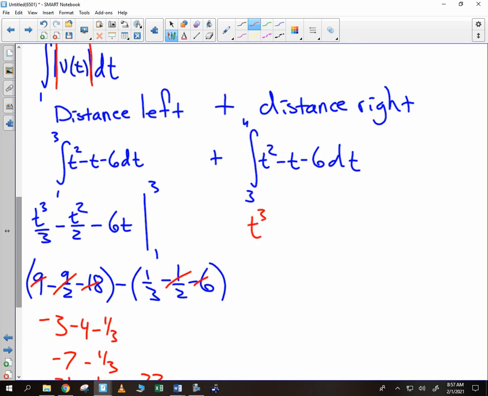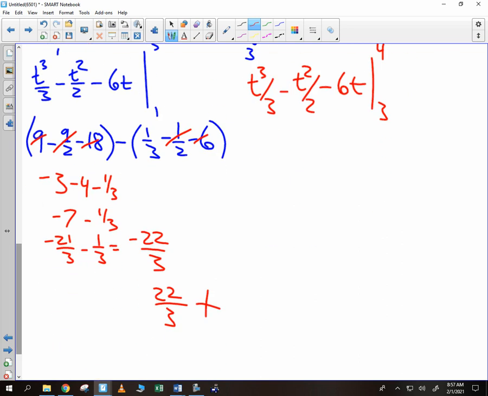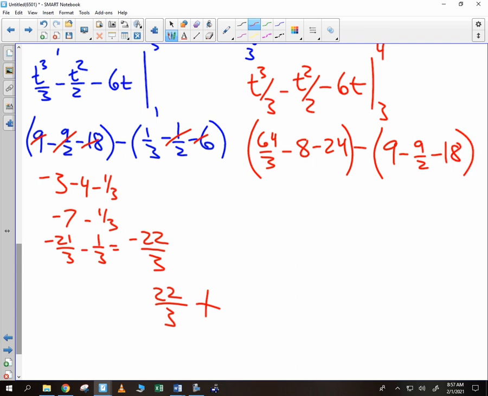We have, again, t cubed over 3 minus t squared over 2 minus 6t, evaluated at 3 and 4. 64 over 3 minus 8 minus 24. Now I plug in 3 and I get 9 minus 9 over 2 minus 18. 64 over 3 isn't really going anywhere.